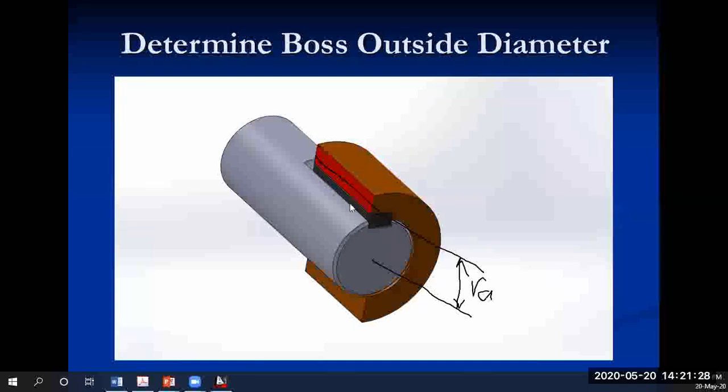So in this case, the length would be what? Same as the key length, exactly. So that will be the length of the key multiplied by this height here, the total height.